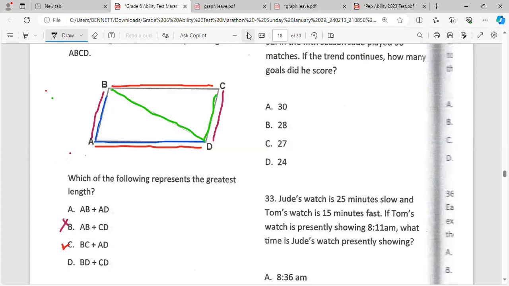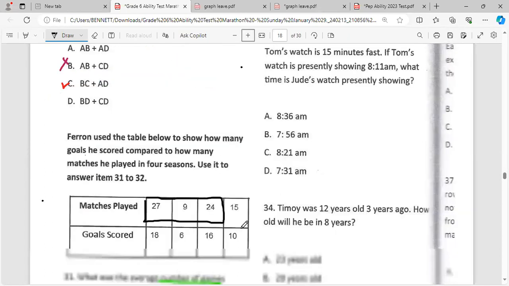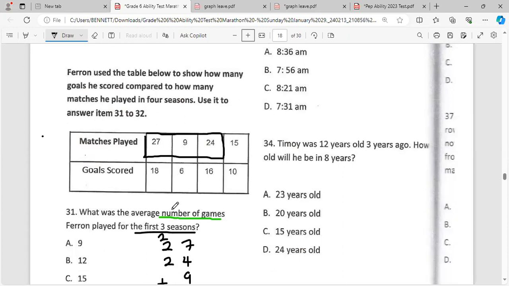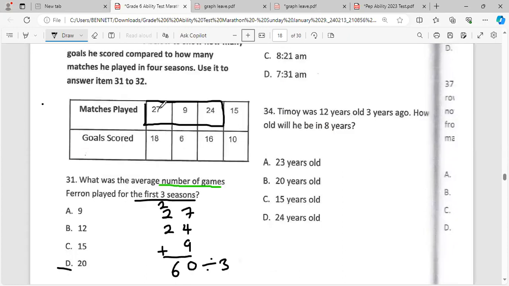All right, let's look at it, guys. So what they want us to do is predict the score based on the current pattern. But before we look at the options, we should try to determine the pattern. So it's the number of goals scored versus the number of matches.